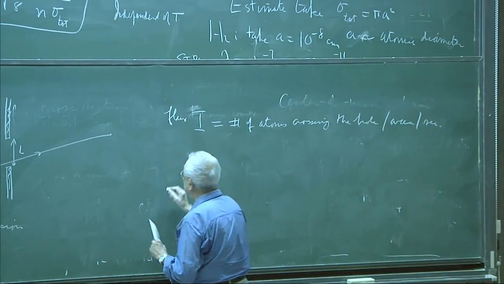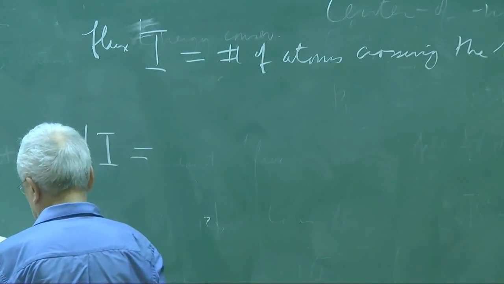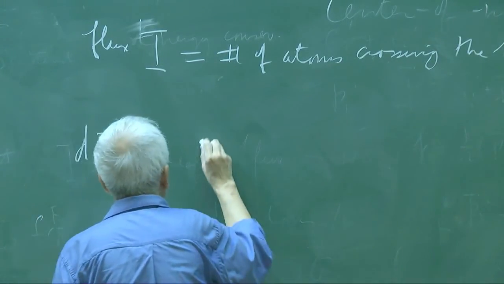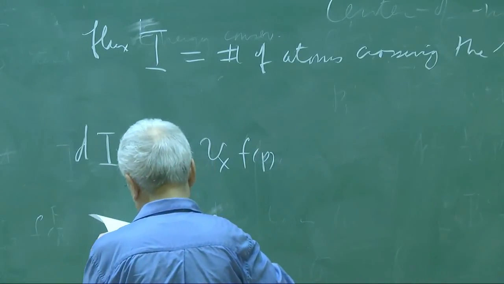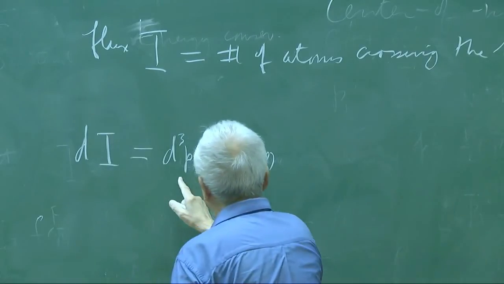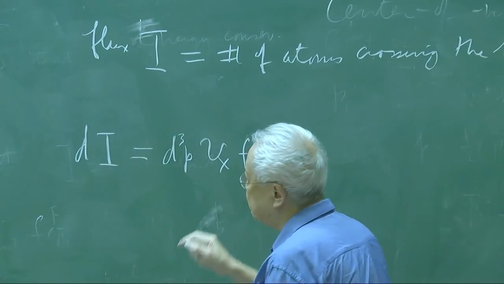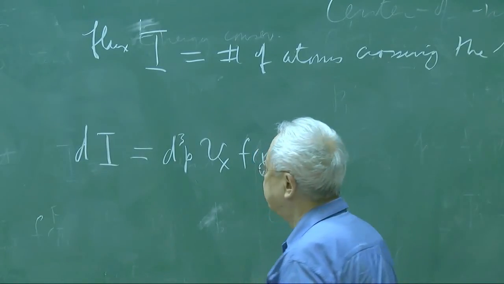And we can compute this because dJ, an element of this flux, is just equal to the number of particles with a certain Vx times d3p. d3p times f is a density, and Vx is the velocity with which it goes through the hole. Right?